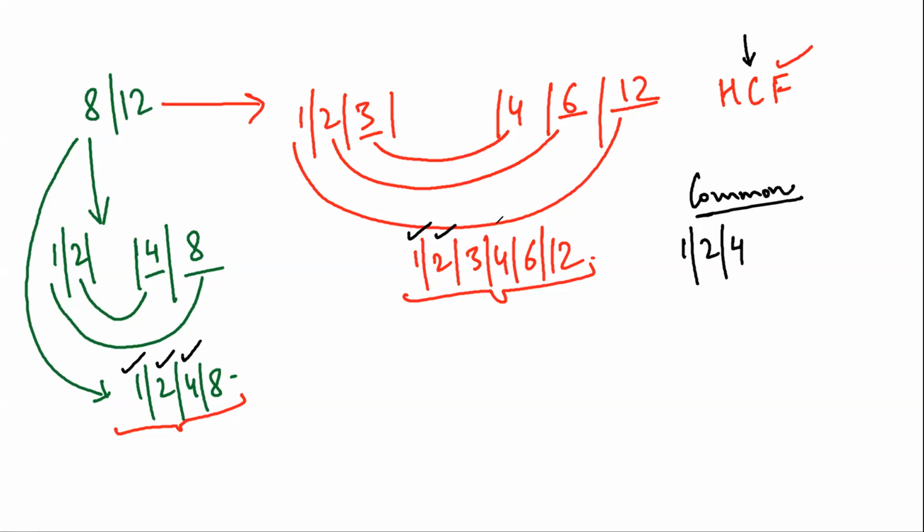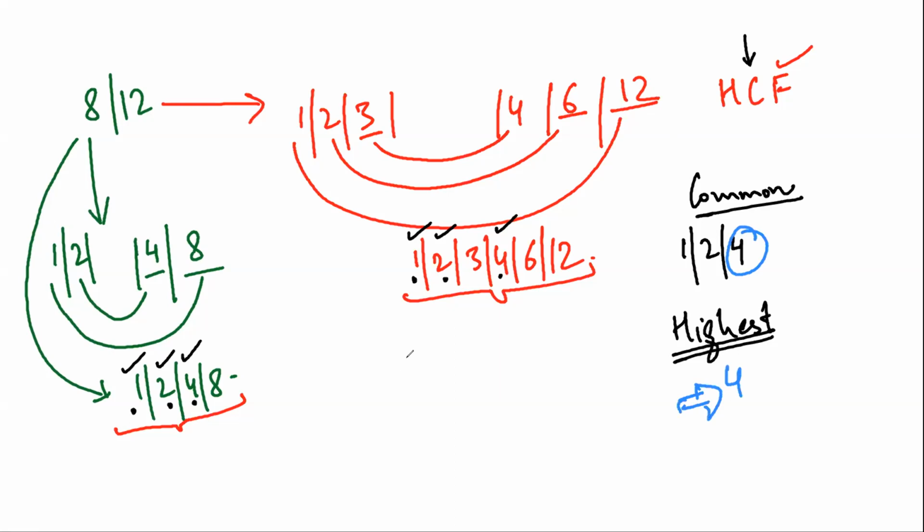Is 6 the common factor? No, sir. So the common factors are only 1, 2, 4. Yes or no, sir? Yes, sir. And what is the highest common factor? So 4. This is the highest common factor. So our answer should be 4.